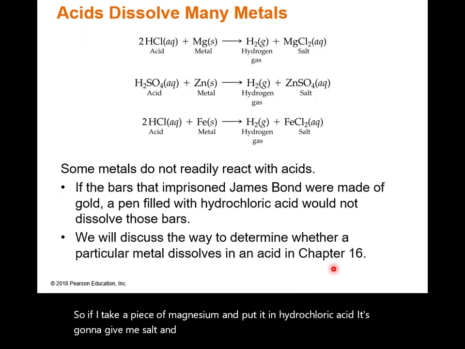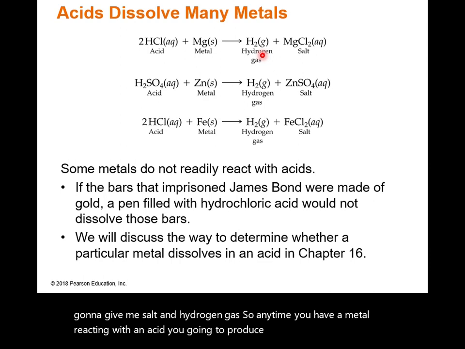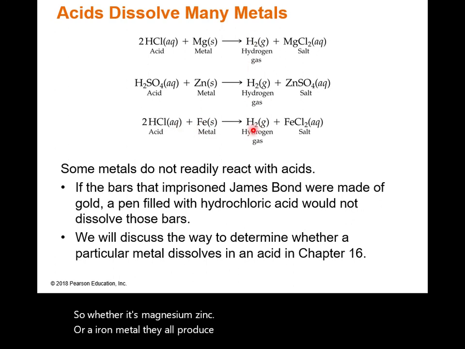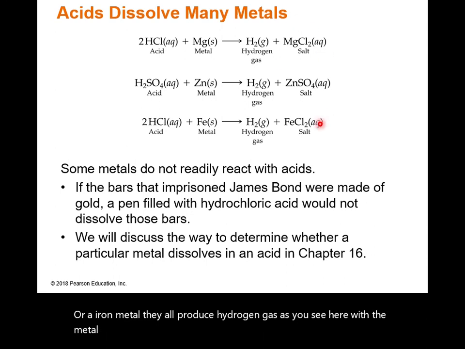So anytime you have a metal reacting with an acid, you're going to produce hydrogen gas as a product. So whether it's magnesium, zinc, or iron metal, they all produce hydrogen gas, as you see here, with the metal salt. The salt is going to be the metal cation with the anion from your acid.